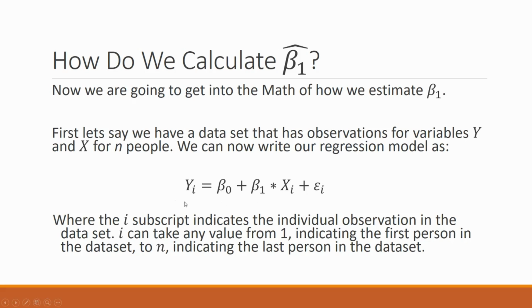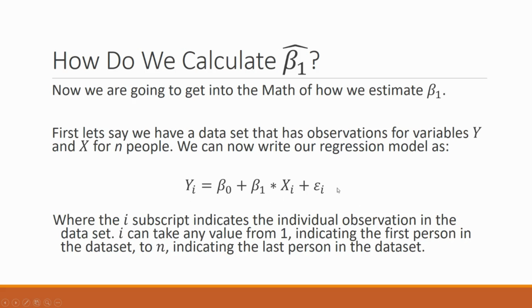All right, so here's our population regression model. We're saying that the dependent variable is a function of the independent variable x, and this linear regression model accounts for or describes the dependent variable.